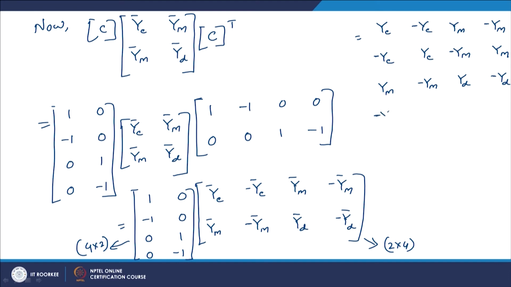Then we have minus YM, YM, minus YD, YD. So, this is the matrix.